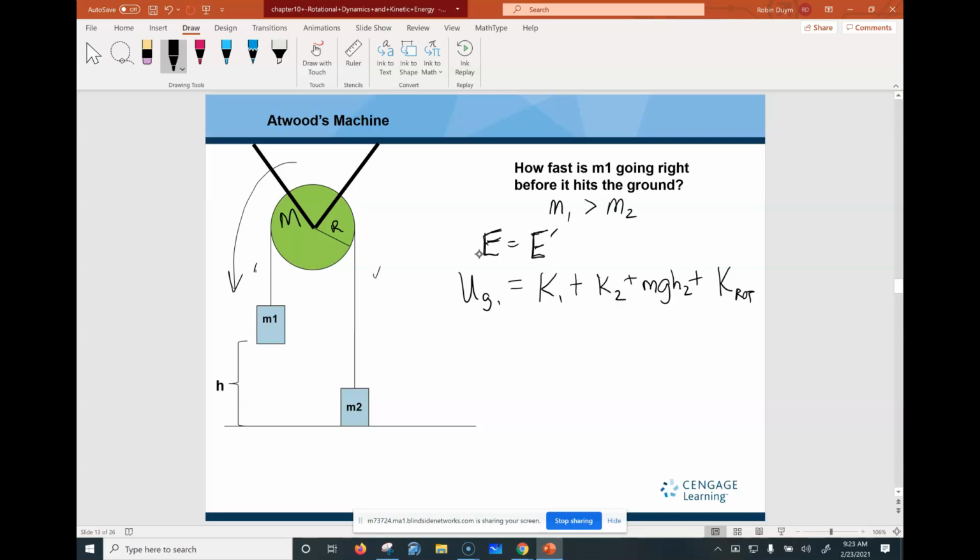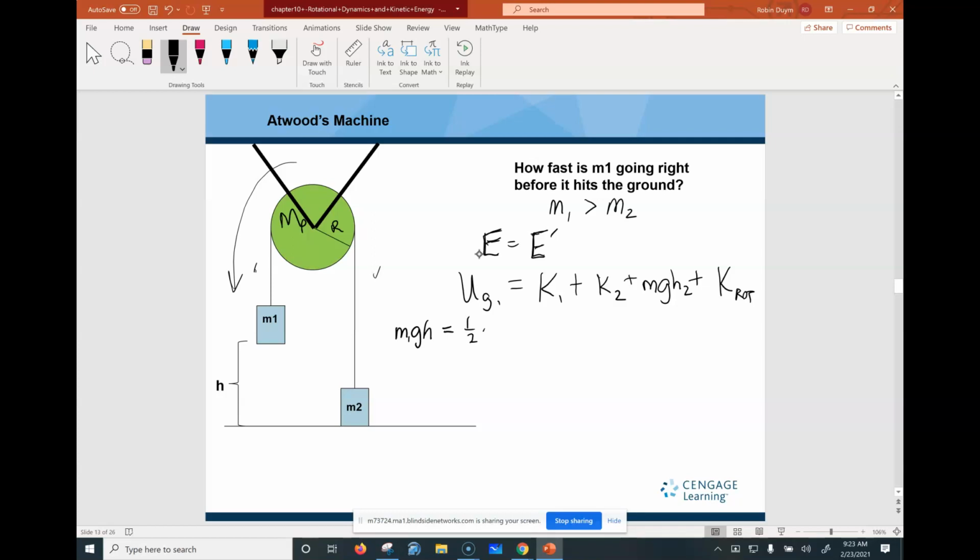Now we can go in and actually say, we're just going to use M1, M2, and then we can say MP for pulley. How's that? So now this is going to blow up. We're going to have a lot of terms here. So M1GH before, and then you guys can help fill this in.